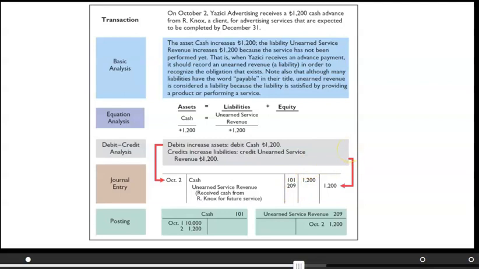Well, when I receive money before I actually perform the service, I have a liability to perform that service. So that liability is called unearned service revenue. So therefore, in this case, I debit cash, $1,200 because I received it, and I credit unearned service revenue. And there you have the ledger cards for cash and unearned service revenue.